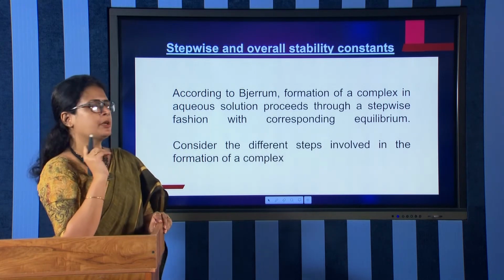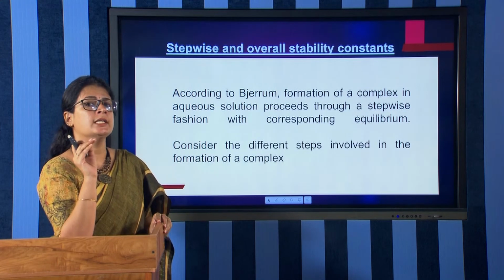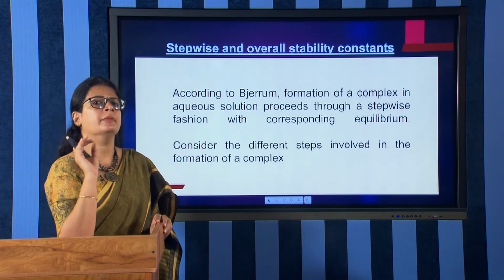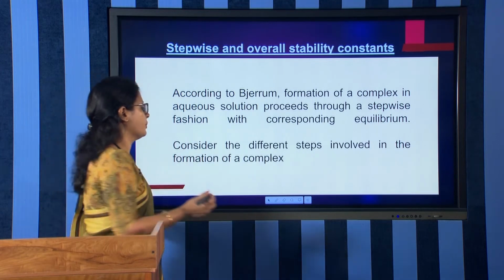According to Jerram, formation of a complex in aqueous solution proceeds in a stepwise fashion with corresponding equilibria. You can consider the different steps involved in the formation of a complex.